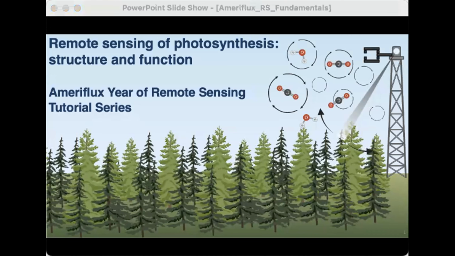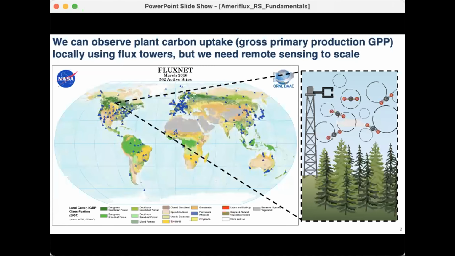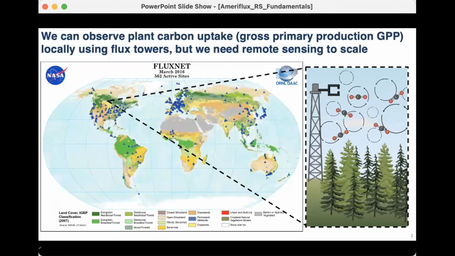So I'm going to be talking about, specifically, remote sensing of photosynthesis and the linkages between structure and function and how that can tell us about what plants are doing. As probably most of you know, being in the flux community, we can observe plant carbon uptake or gross primary production, GPP, locally using flux tower observations.